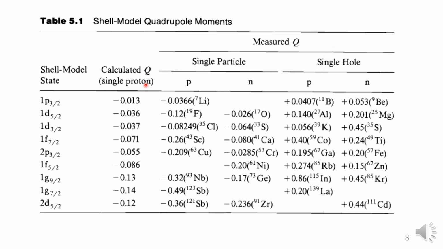So these are again the calculated values, and these are the single particle model, and these are the single hole model. Okay. So the sign matches, even though the sign matches, their magnitudes differ much from the calculated or predicted values. Okay.